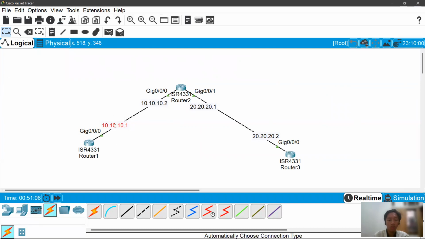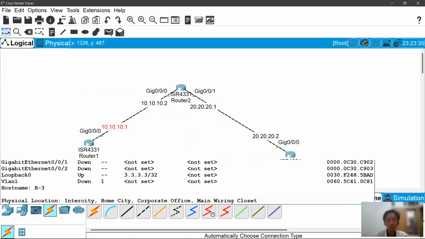The difference between routing dynamic and routing static is that in routing static, the router must know the other networks. For example, router 1 doesn't know network 20.0 and the loopbacks 2.2.2.2 and 3.3.3.3.